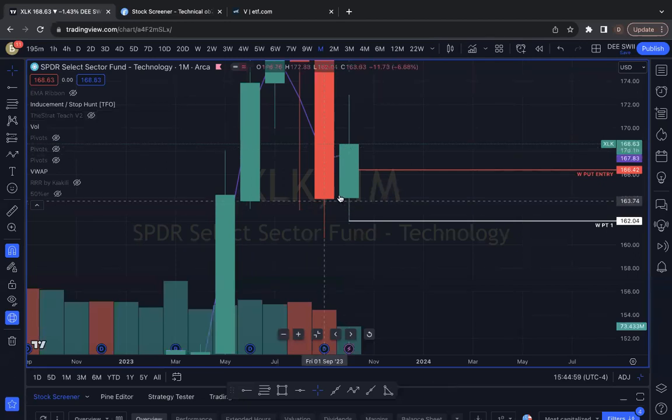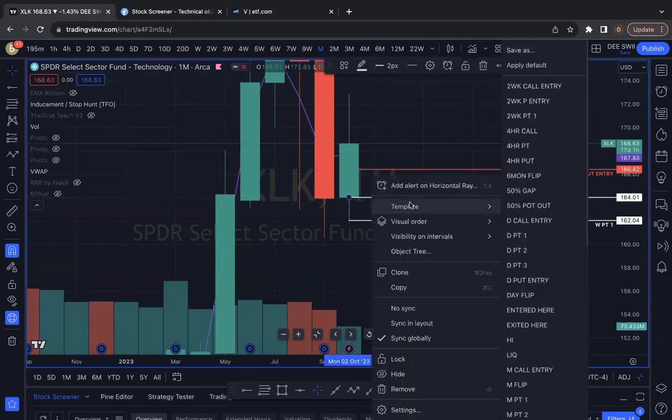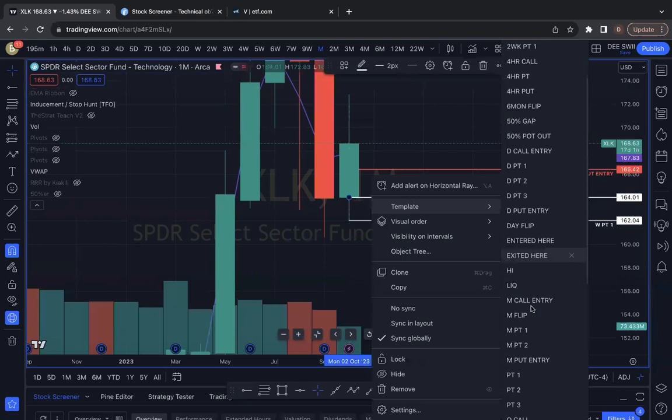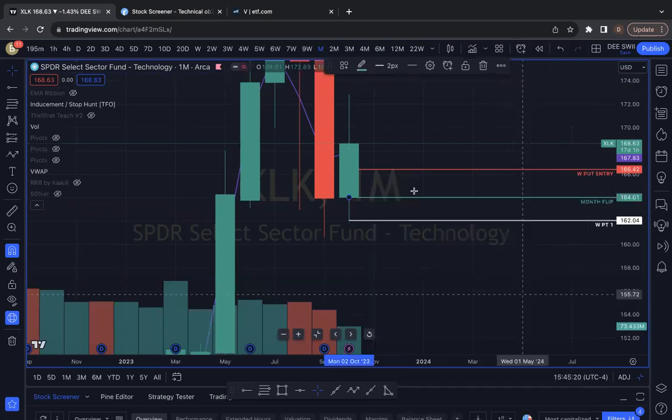If you understand candle anatomy, if this is a green candle, you know that it opened right here and it closed. Well, this is a monthly candle, so it's still open, but it opened right here. So that means for this candle to turn red, it has to go below this level. Okay. And I like to call that the flip.